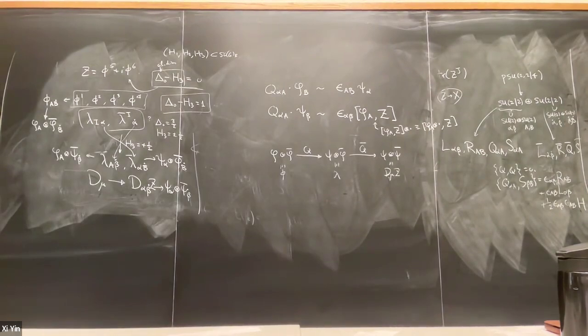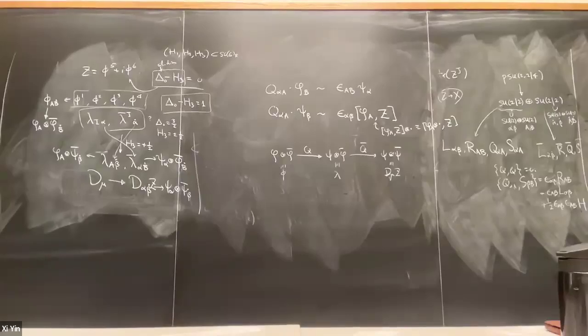Can you explain again why only the operators with the same quantum number, like delta 0 minus H3, can mix? Because that quantum number is preserved by the SU(2|2) algebra. Oh, so H3 is preserved and delta 0 is preserved. No. What do you mean? H3 and delta 0 are separately not preserved.